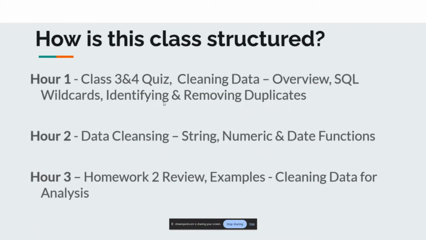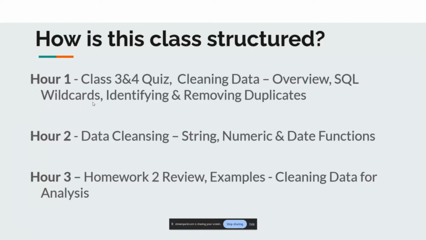All right. So how this class is structured: we took the class 3 and 4 quiz and reviewed it already over last week's content. We're going to do a cleaning data overview, like why it's important and the things that we want to look for when we're cleaning data. SQL wildcards, we'll get into that for the first time. You can do certain things with text and identify text strings, or character strings that start with certain characters, and then identifying and removing duplicates.